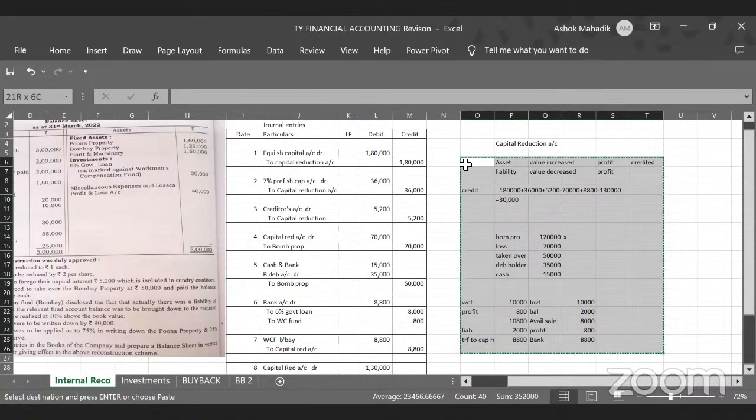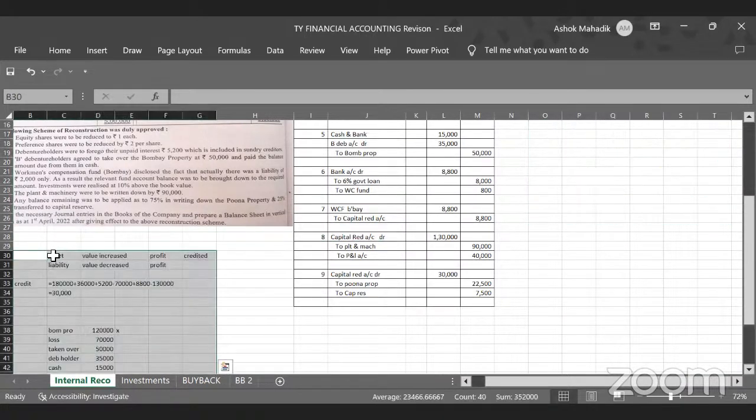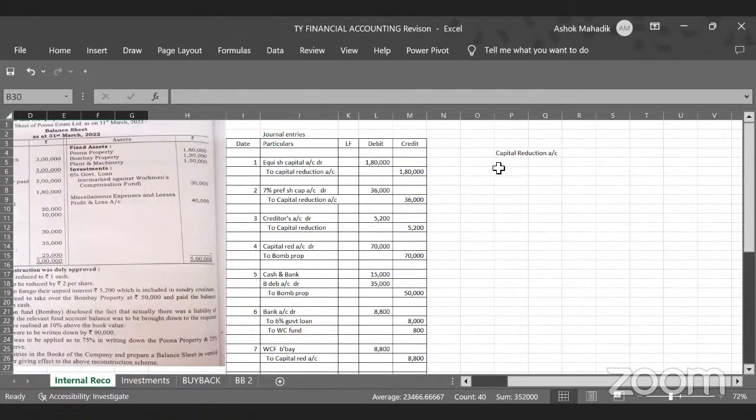So we build it in 2 minutes. I'll just show you. You can shift the working notes on this side. So this is capital reduction account. We'll have particulars, amount, particulars, amount.